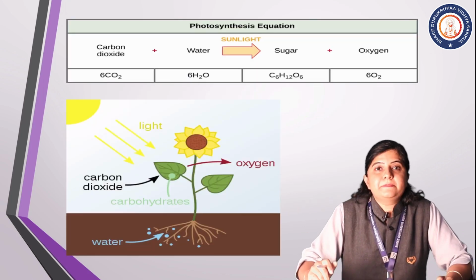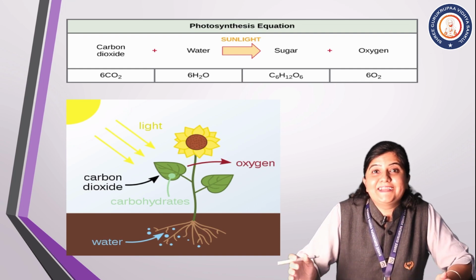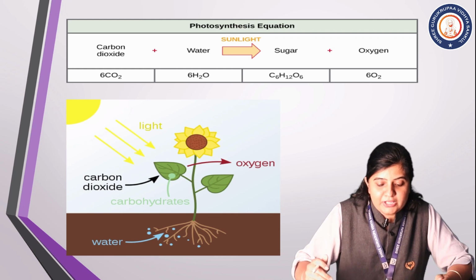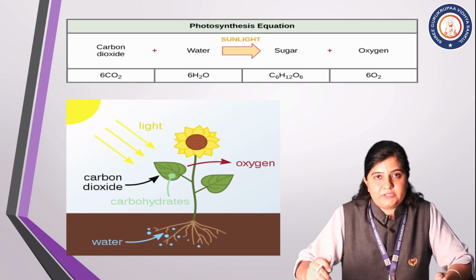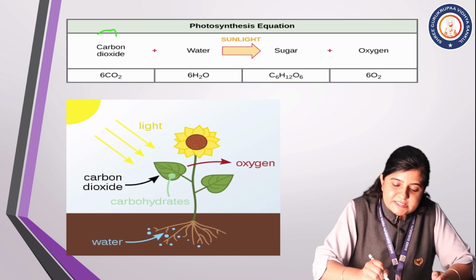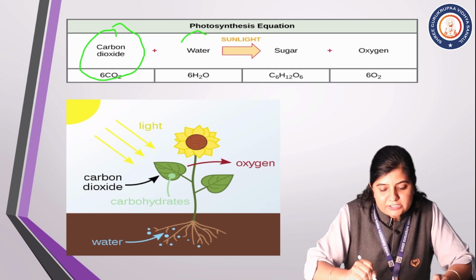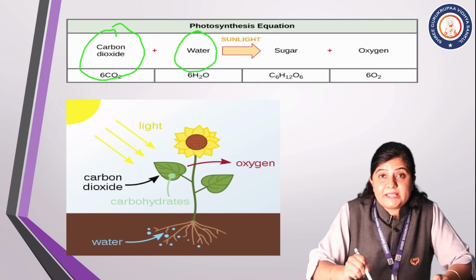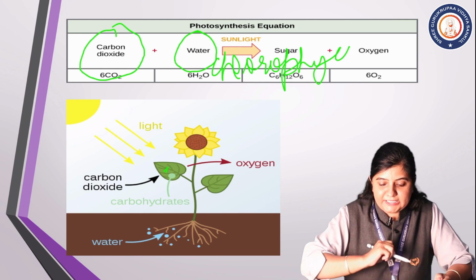The food is prepared in the kitchen of the plants, that is, the leaves. So what are the things required for photosynthesis? Mainly, as we have discussed, photosynthesis is the process by which carbon dioxide reacts with water in the presence of sunlight and chlorophyll. That chlorophyll is actually present in the green leaves.